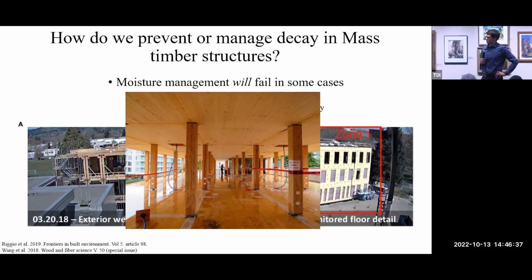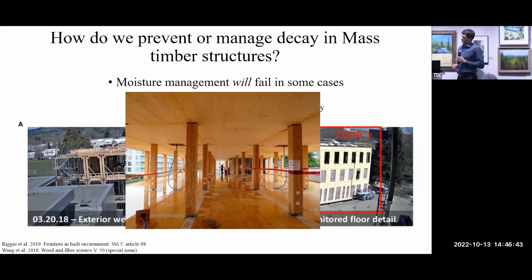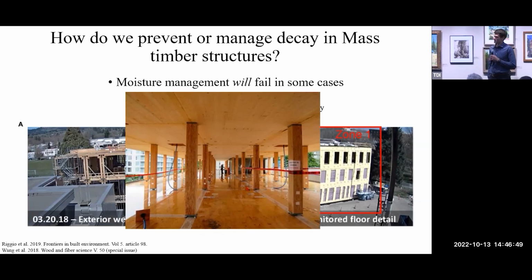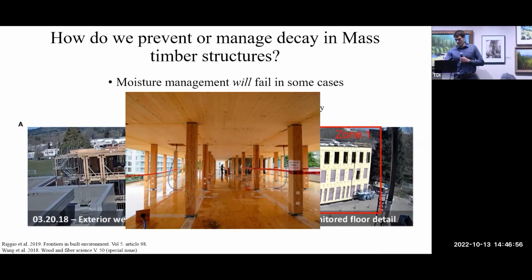PV Hall will be fine, it's a very closely monitored structure, but as more and more of these buildings are built, moisture is going to become an issue. Decay is going to become an issue because moisture exclusion is never 100% throughout the life of a building.